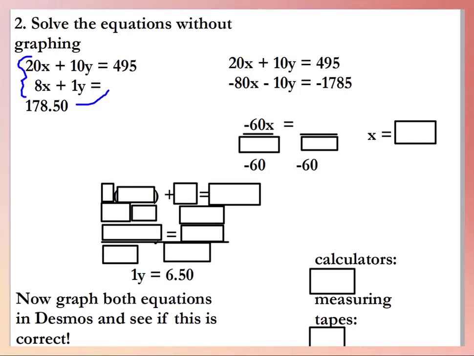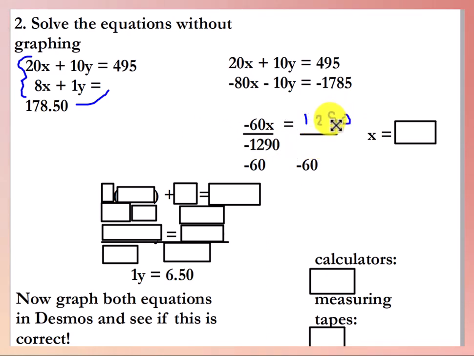$495 minus 1785 is 1,290. Now we're going to be dividing both sides by -60 to solve for x.